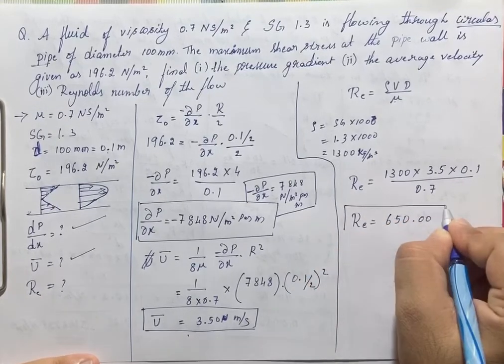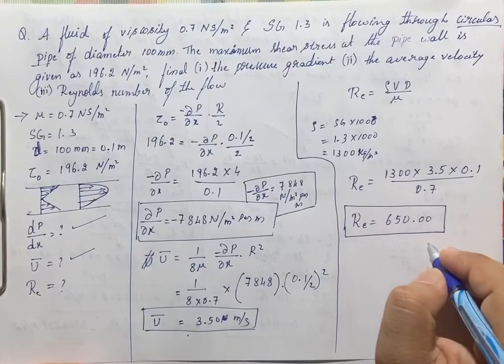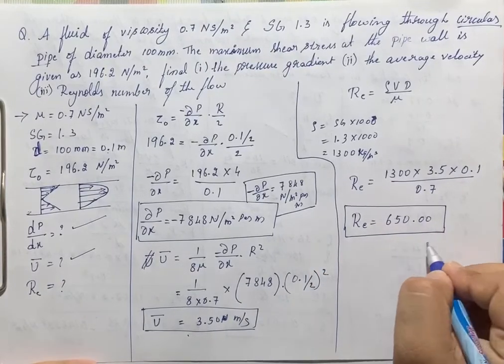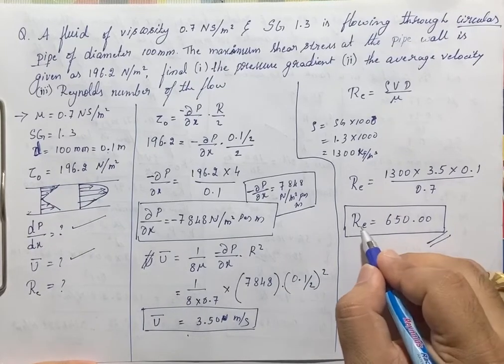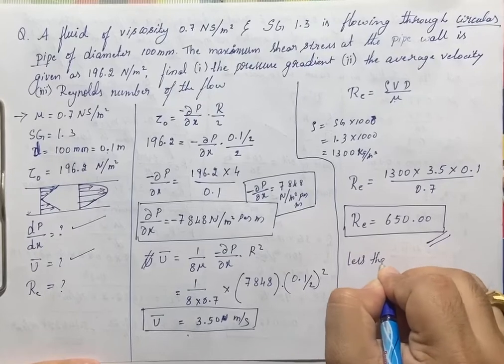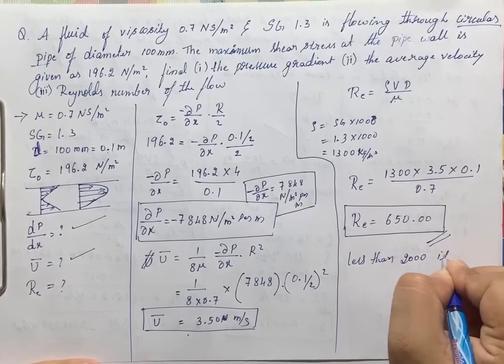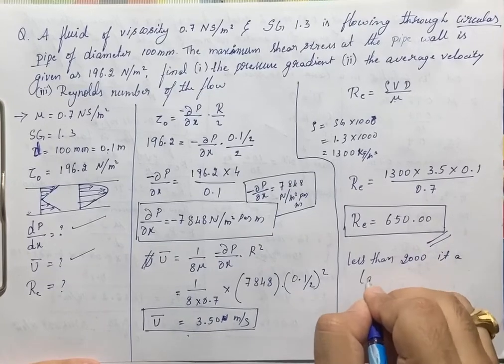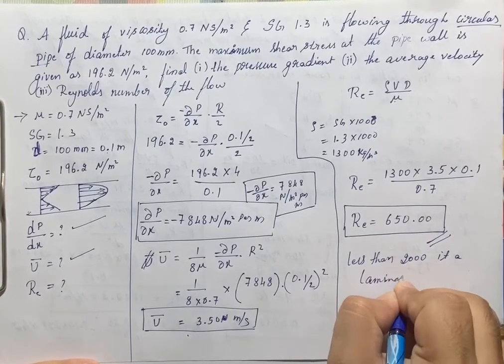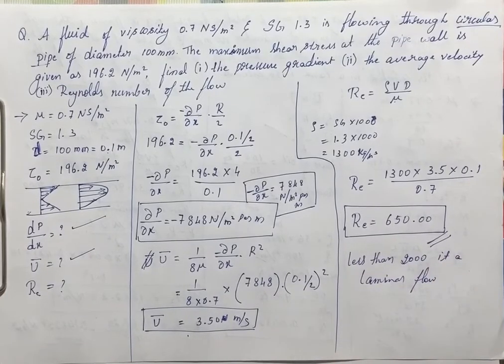It is a dimensionless number here, right? With this, what we can say is, as the Reynolds number is less than 2000, it is a laminar flow, right? Yeah, thank you.